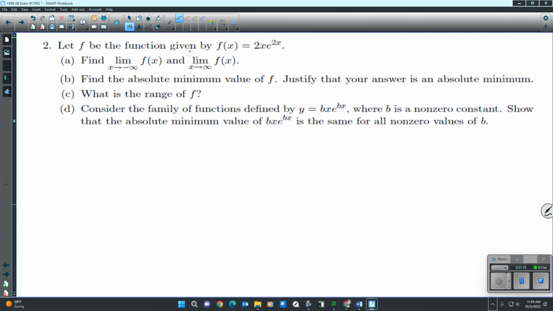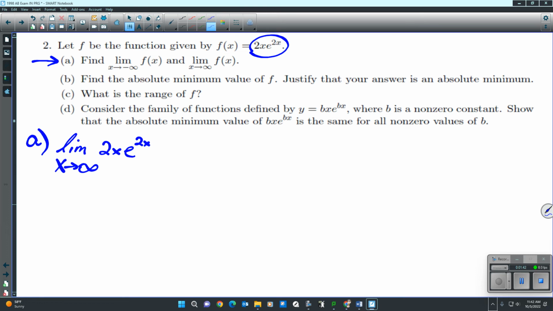So let's go ahead and do part A right here. Let's start with the easier one, the limit as x approaches infinity of f of x. So it's 2x e to the 2x.